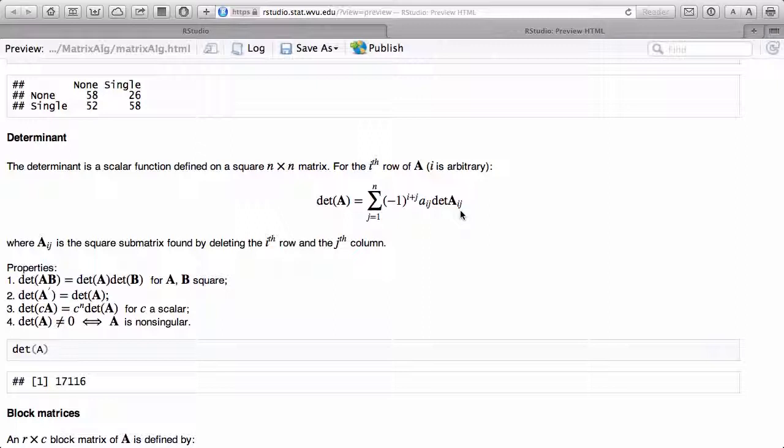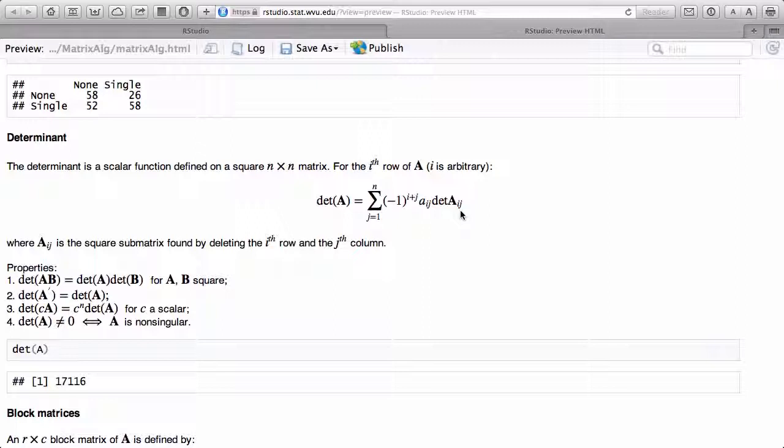So you take the ith row and jth column, delete them, and you get a submatrix that has 1 fewer row and 1 fewer column. Of course, to define the determinant of that, if I had a 10 by 10 matrix, I've gone from a 10 by 10 to a 9 by 9. That's still hard. And then you've got to find a bunch of those because I sum from j equals 1 to n. The point is, if you did this by hand, you wouldn't want to do it. About the biggest would be a 3 by 3.